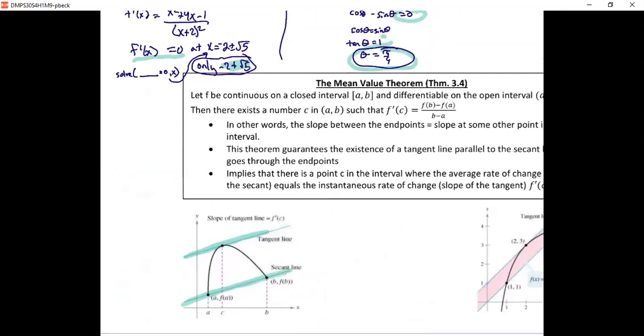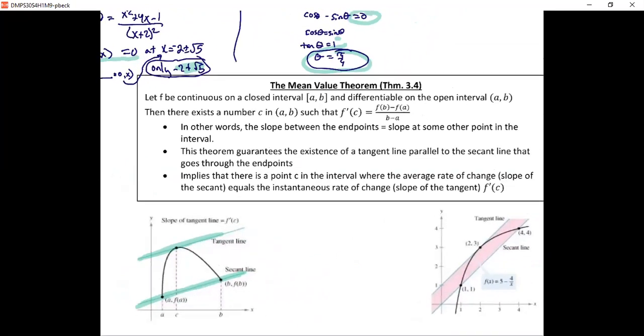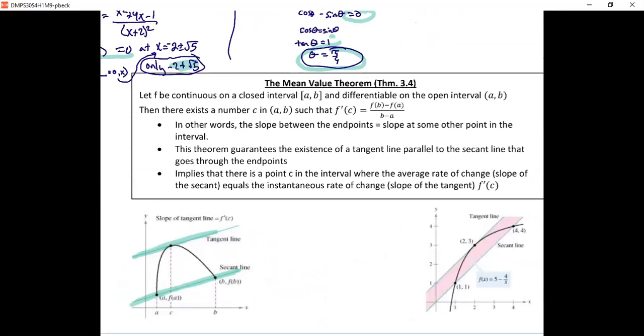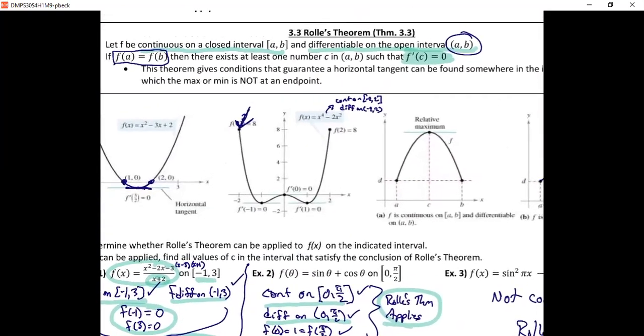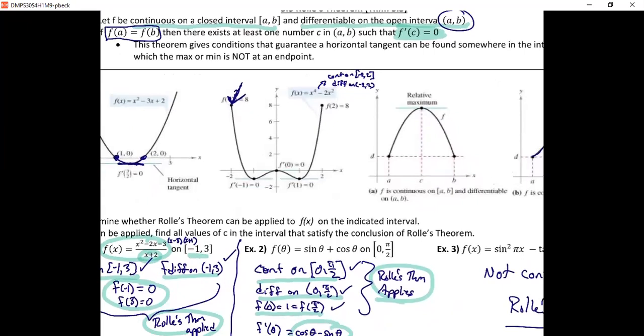This is the 5th actual theorem that we're learning this year. So for the mean value theorem, do we have continuity on the closed interval, differentiability on the open interval? What we say is the average slope has to equal our instantaneous slope. So Rolle's theorem is really just a special case of the mean value theorem, where the slope is 0.